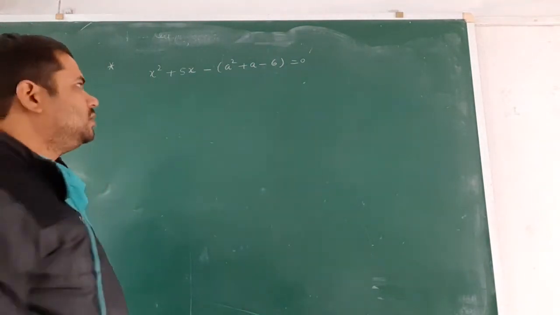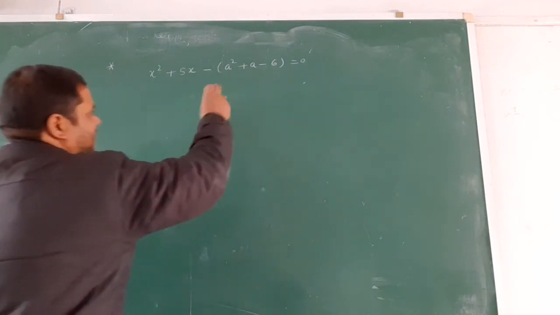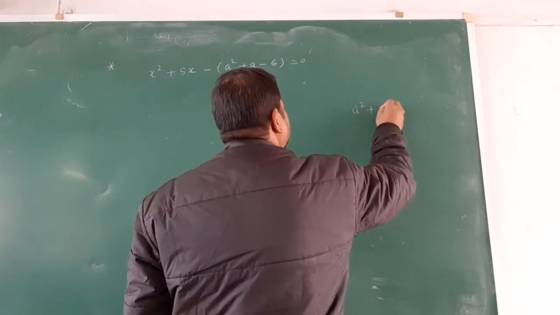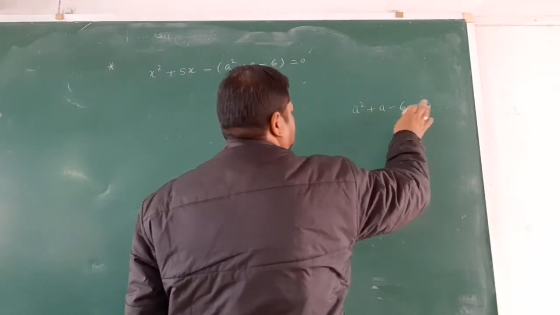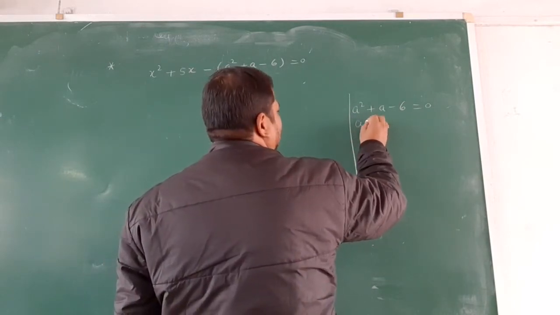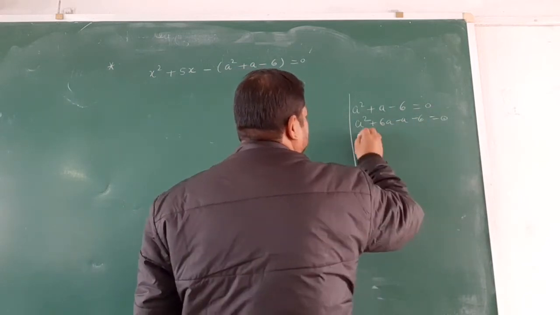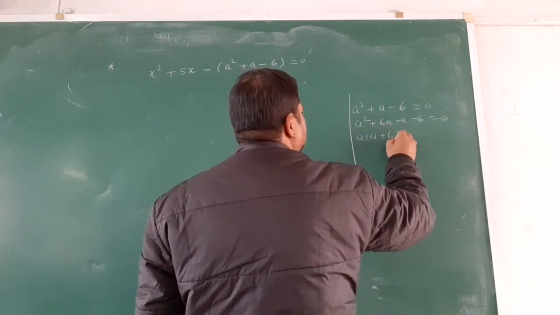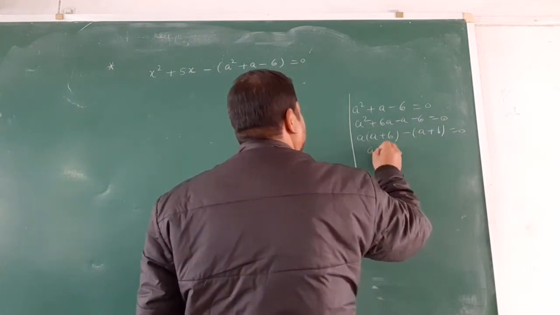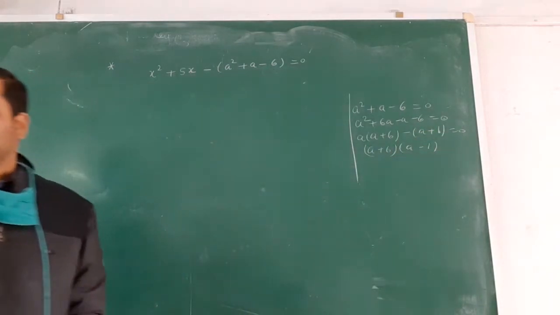So first you factorize this. What is the factor of this particular a square plus a minus 6? You know what the factor of this is? Suppose we want to find it, then this is nothing but a square plus 3a minus 2a minus 6 is equal to 0. So simply a plus 6 and a minus 1 are the factors of this particular expression.